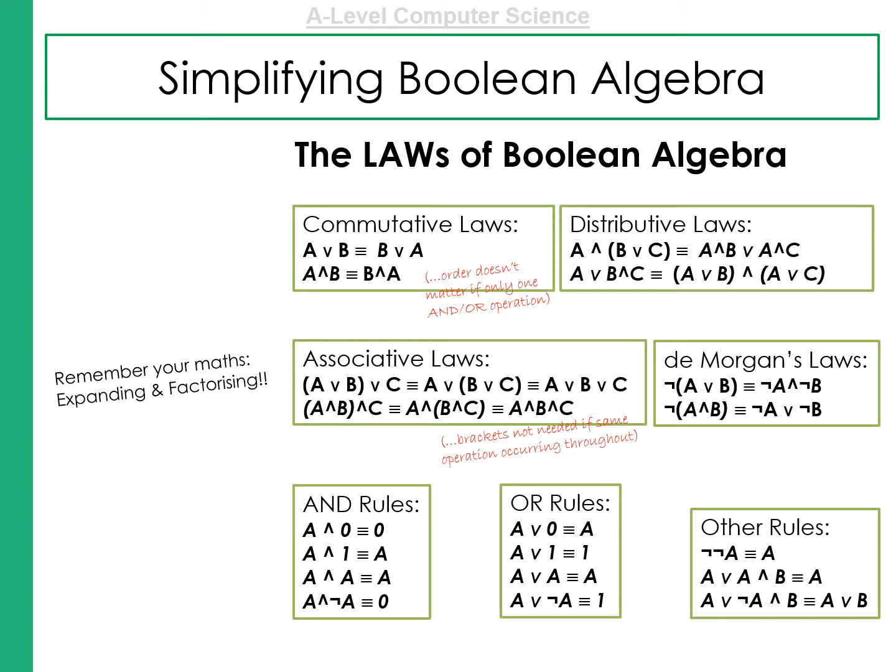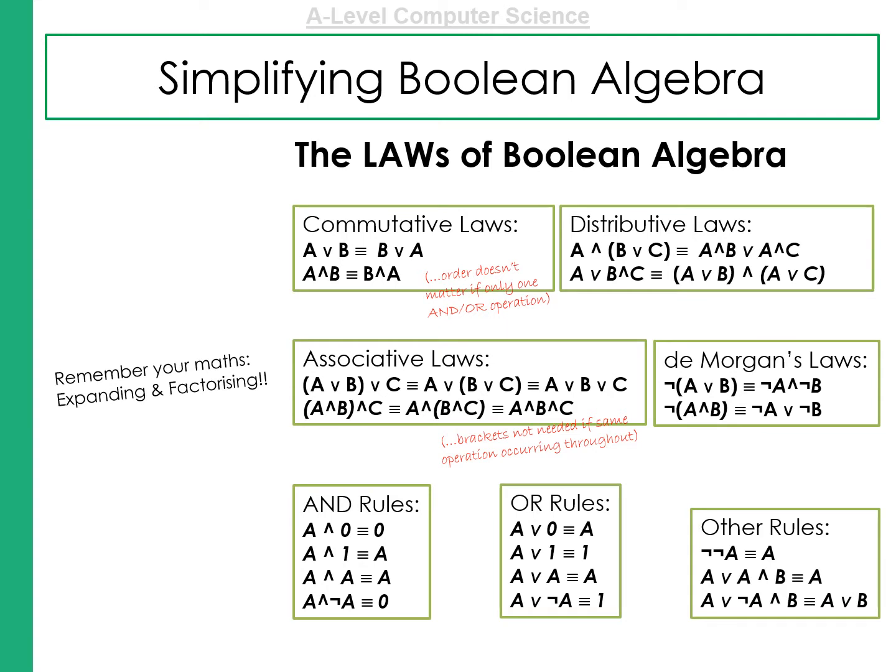Now notice this is when we have our ors and our ands. So A or (B and C) can equal (A or B) and (A or C). So whenever we've got these brackets, just be careful. Look at these different structures and we need to use these.